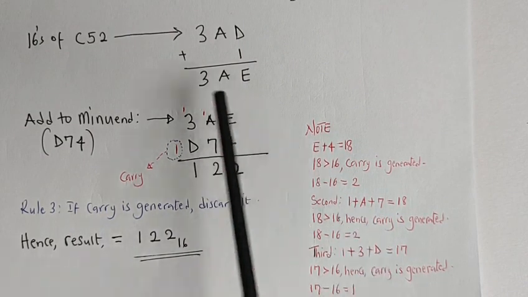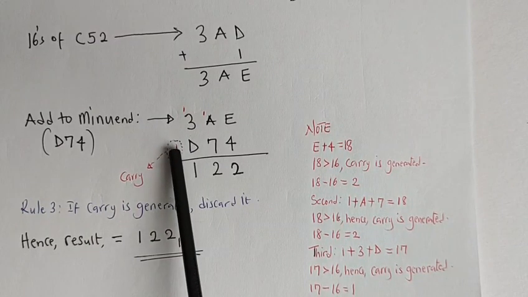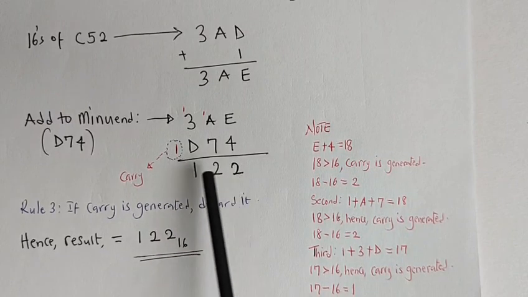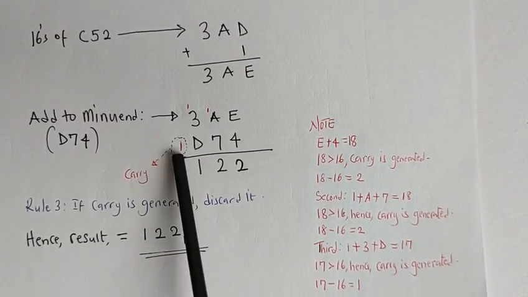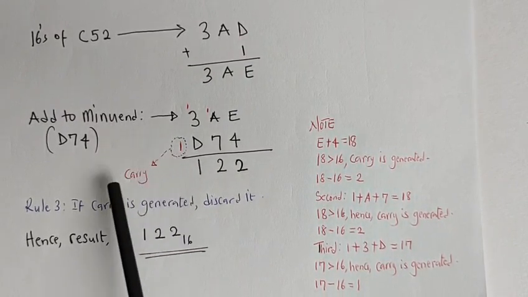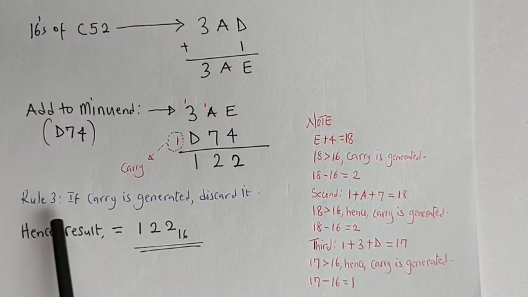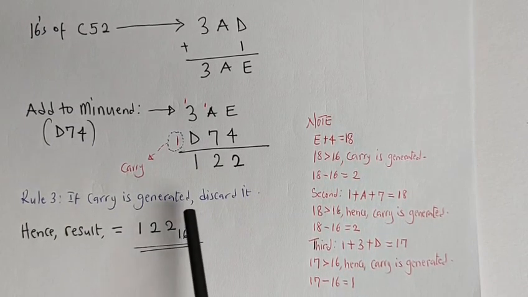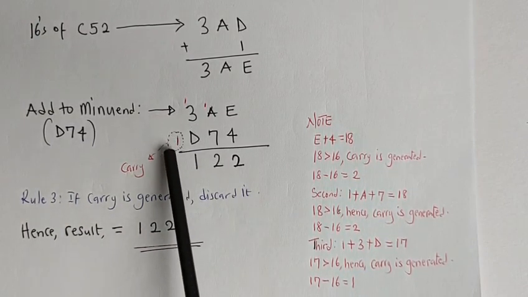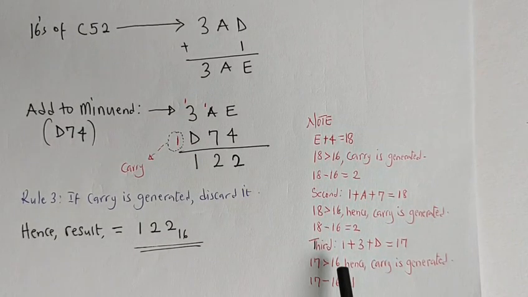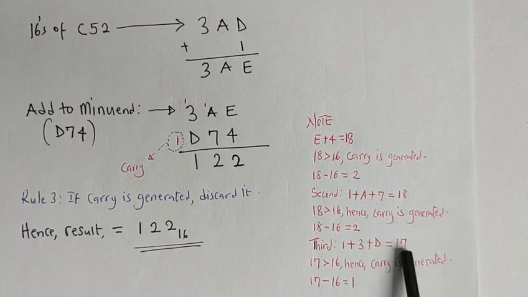Since carry is generated, instead of adding the carry into this result, the rule says once carry is generated, we need to discard it. Based on rule 3, it says if carry is generated, discard it. This carry is generated after this last operation, because we got 1 plus 3 plus D, which is 17.